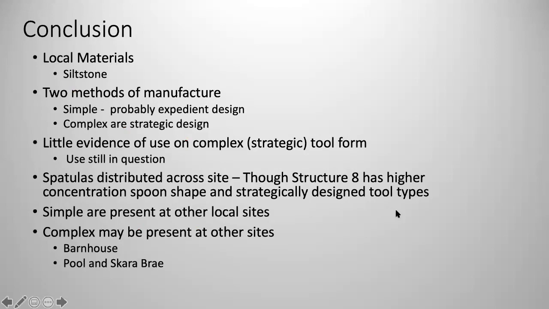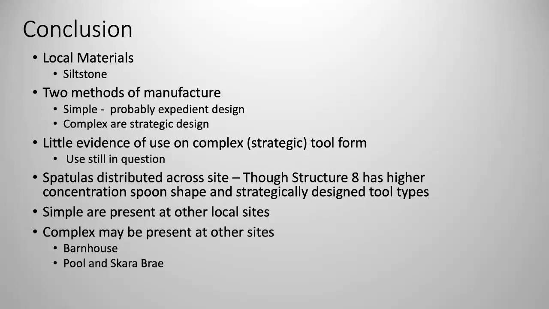So let me try and wrap up all of what I've talked about in the first part of the talk and the second part. We've seen that the spatulate tools are primarily local material, siltstone.